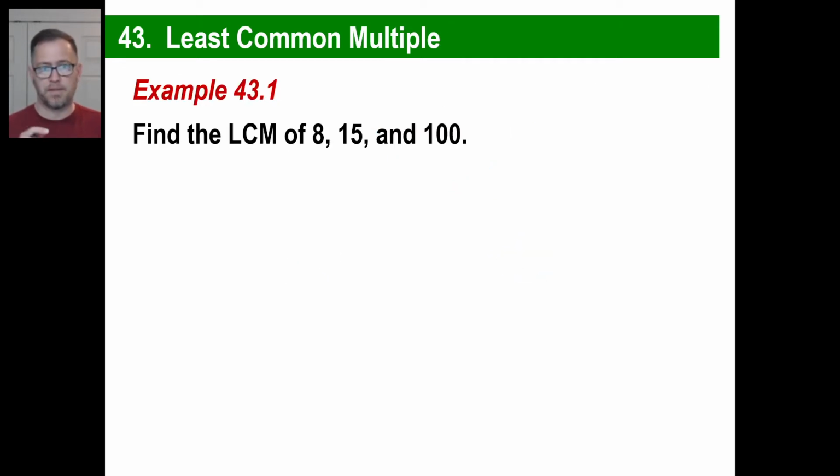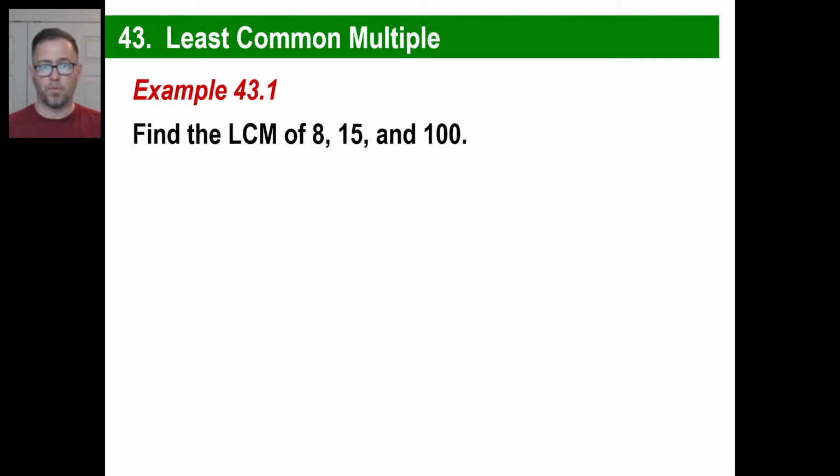Let's try another one. Copy it down if you need to. Find the least common multiple of 8, 15, and 100. Now, I want you to think. Least common multiple means 8, 15, and 100 all divide evenly into some number. All we care about is the smallest one, the least, that 8, 15, and 100 all divide into.